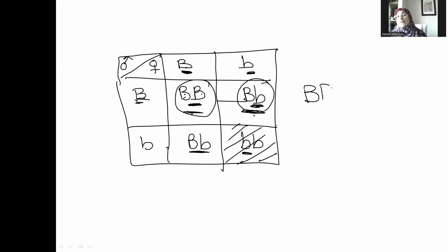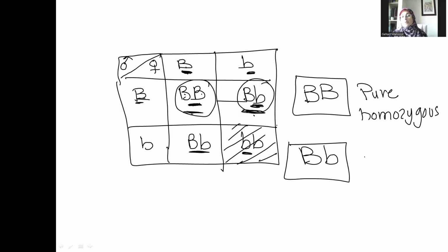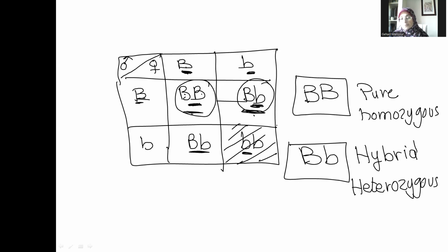So both B capital, B capital and B capital, B small are genotypes for brown eyes, but this individual is considered pure brown-eyed, or homozygous, whereas the B capital, B small genotype indicates that the individual is not a pure one, he is hybrid or heterozygous.